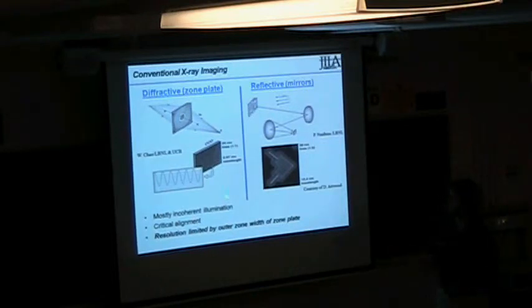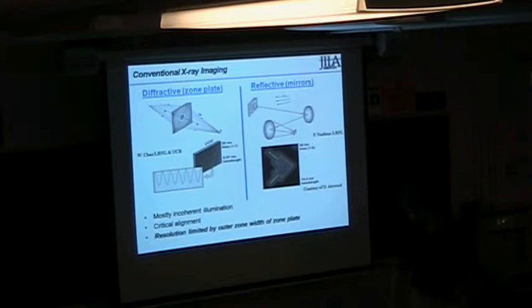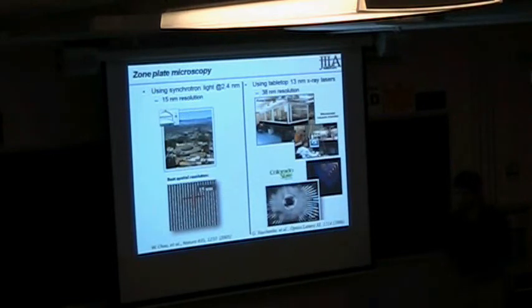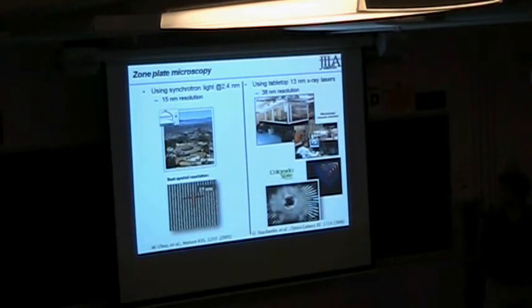The other thing about zone plates is they're usually only around 10% transparent in this regime of the spectrum. But that being said, heroic efforts have been made to make these zone plates with 15 nanometer outer zone widths, which has made possible images such as this, where you have 15 nanometer features resolved in a microscope.